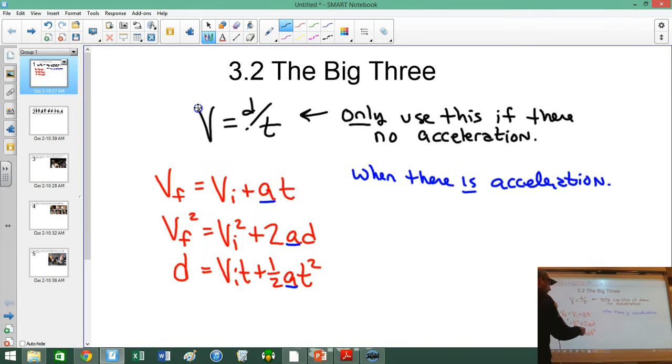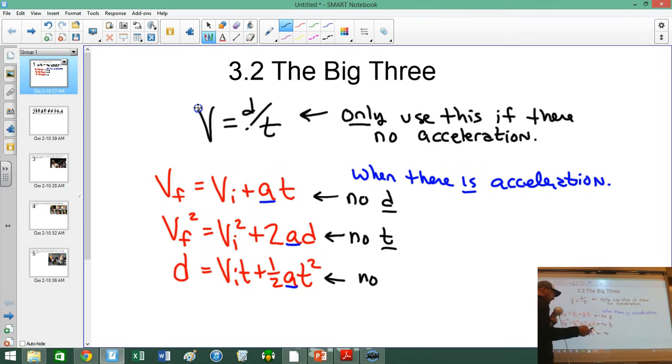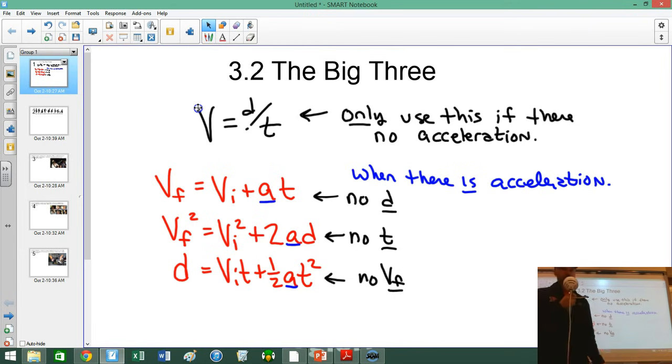You'll notice in this equation right here, the first one, there's no displacement. In this one, it's missing the time. In this one, it's missing the final velocity. So these are really basically tools, and depending upon the problem, you pick which of these works best for your own situation.